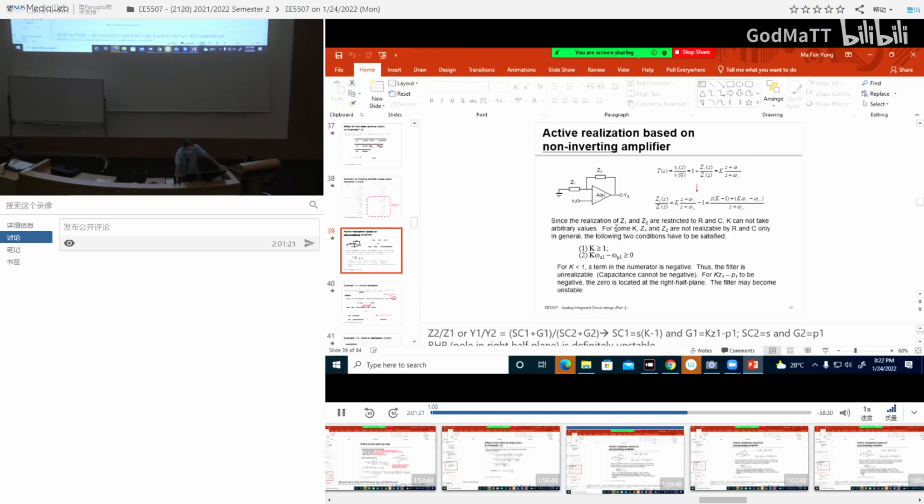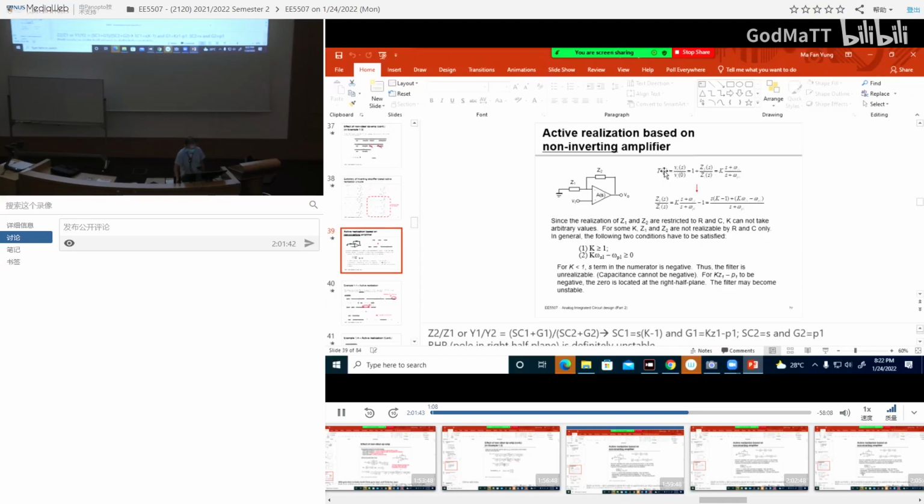In order to implement Z1 and Z2, which use only resistors and capacitors, because of IC technology, then what is the K factor?